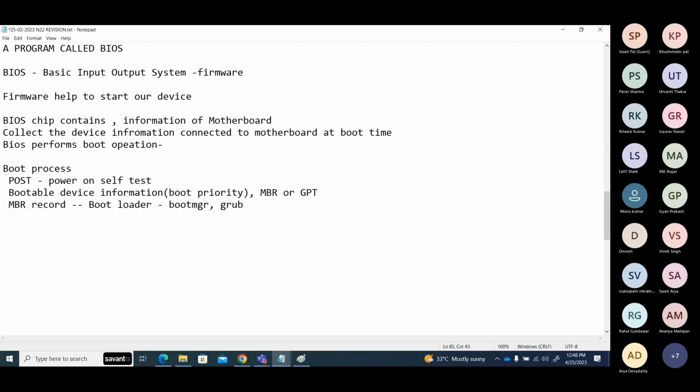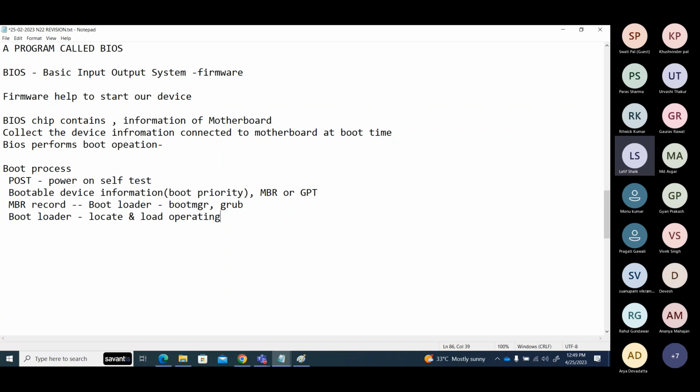So it will tell you where the bootloader is and load the bootloader. This bootloader tells how to load the operating system. It locates and loads the operating system.